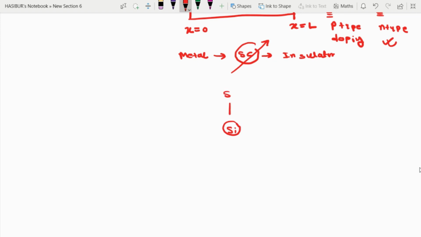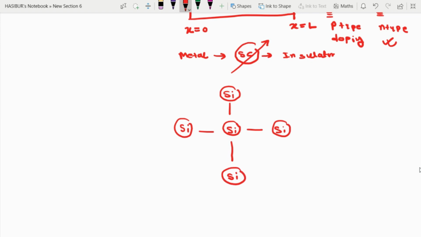So, covalent bonds are there in the silicon crystal. We know that sp3 hybridization is there, and the crystal structure is the diamond cubic structure. So basically the valence is 4.